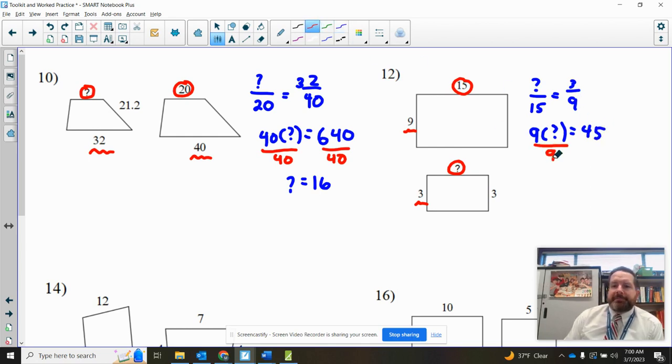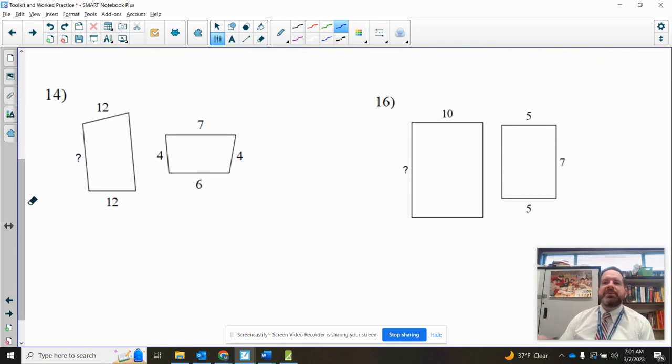Divide by the 9, and we're left with question mark is 5. Does that seem reasonable? Well, it should be a smaller number than 15 since it's from the small shape. And yeah, I think if this is 3, that looks like it could be 5. Seems reasonable to me.